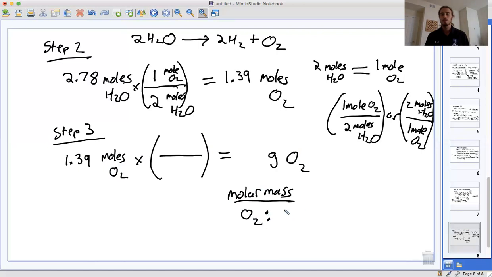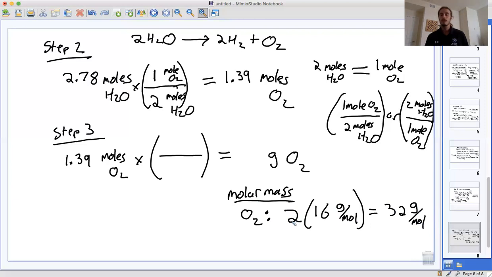There's 2 oxygen atoms, so that's going to be 2 times 16 grams per mole, or to the nearest whole number, 32 grams per mole.